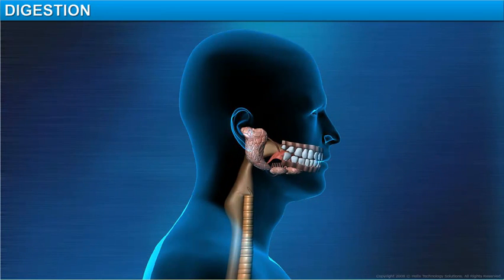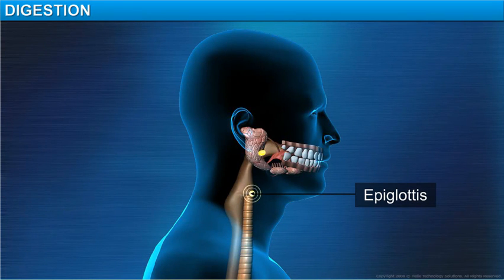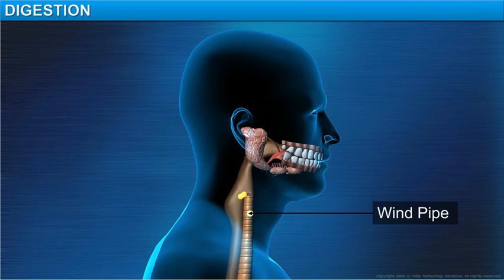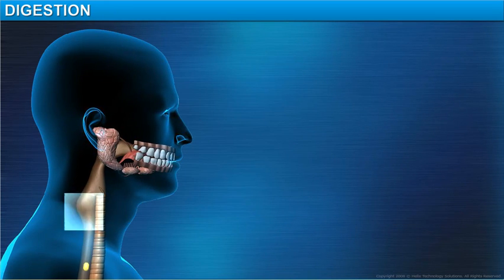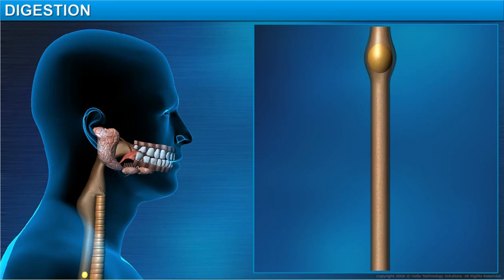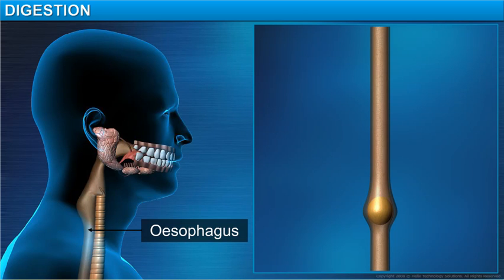The food then moves down into the throat or pharynx. The epiglottis, which is a flap-like structure, closes the windpipe when you swallow, so that you don't choke on your food. Food moves through a narrow, tubular, muscular organ called the esophagus.